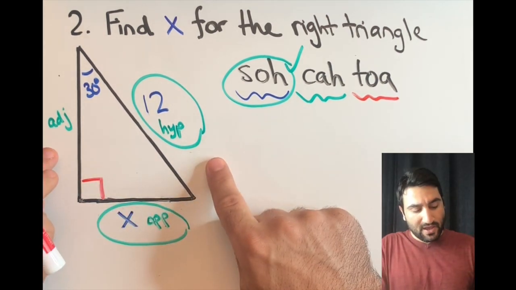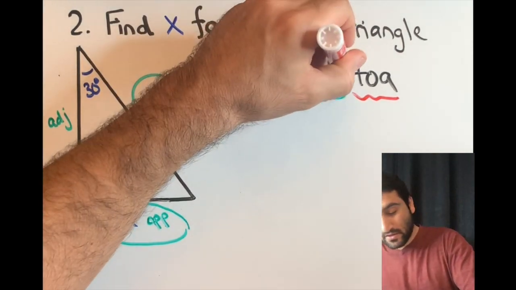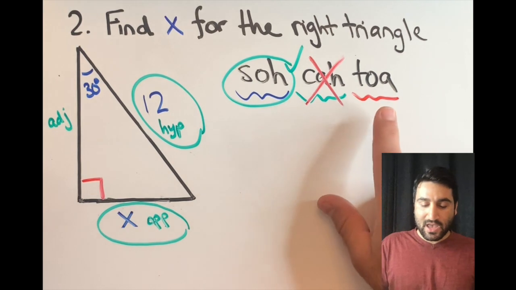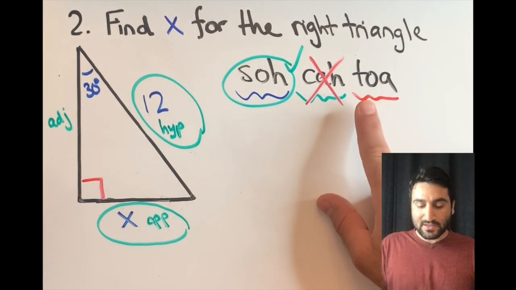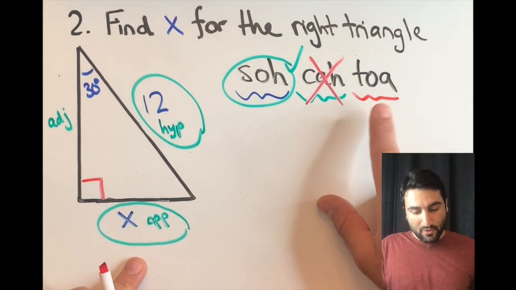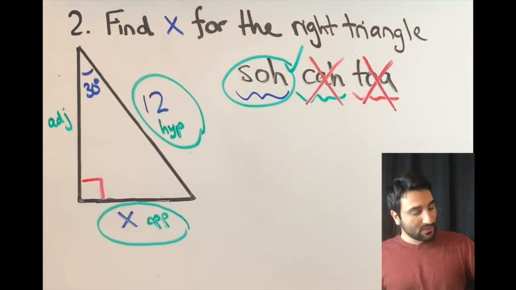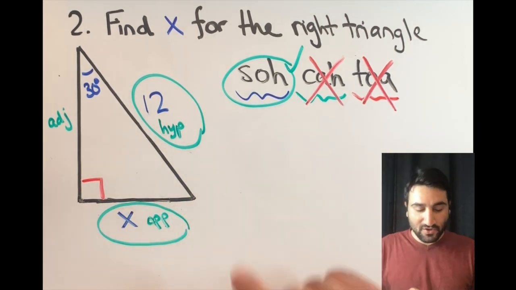Notice that we don't have adjacent circled because that's not one of the two that we want to analyze. So CAH is out, and TOA is tangent of the angle is opposite over adjacent, which also includes the adjacent that we don't want. Great. So we have SOH that we're going to use.